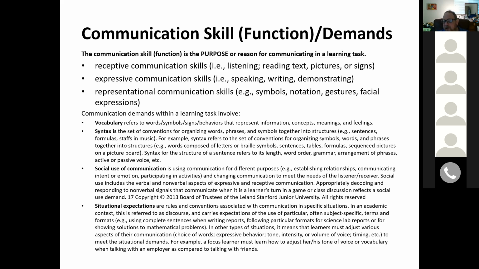This can also be applied to us in other ways. For example, when we write professionally it should be different than when we write on a text. So when you text your kids or they text you, there is a certain syntax, there is a certain situational expectation of what that text is going to look like, right?